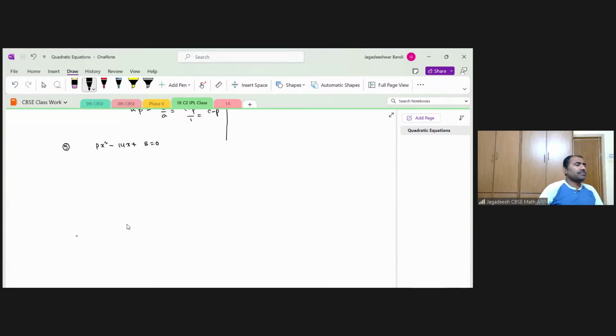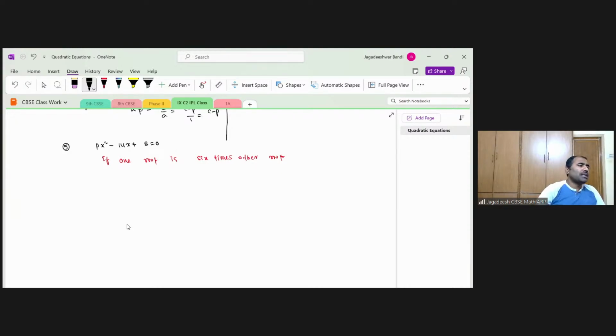Now, they have given, if one root is 6 times the other root, then what is the p value?